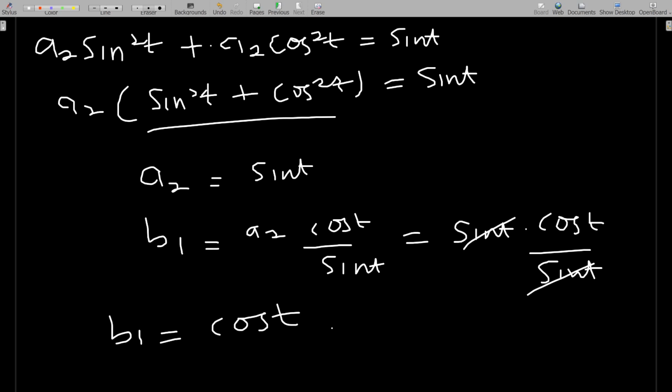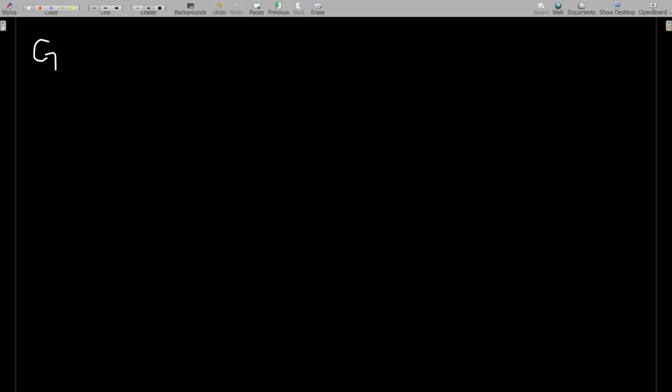So we know that already a1 is equal to 0, and b2 is also equal to 0. Since we know b1 and a1, we can write everything back.